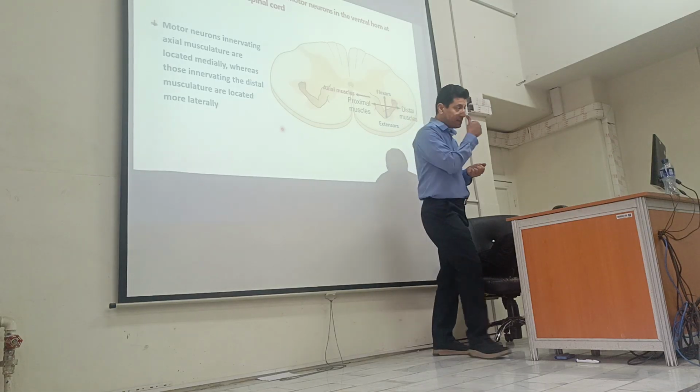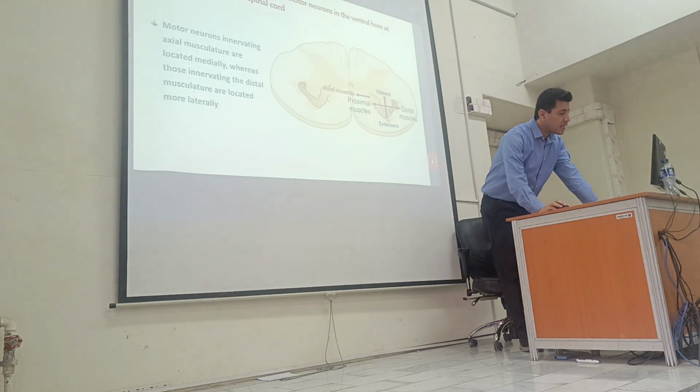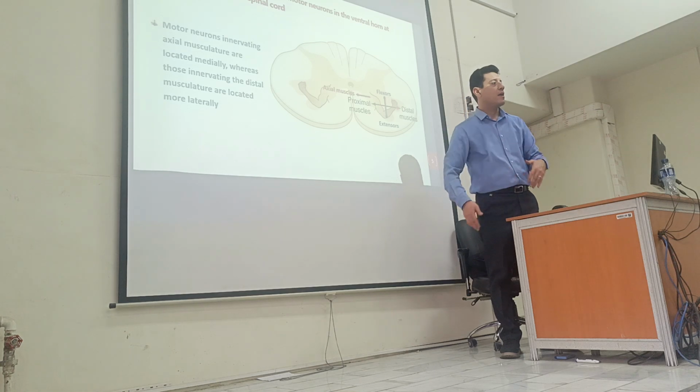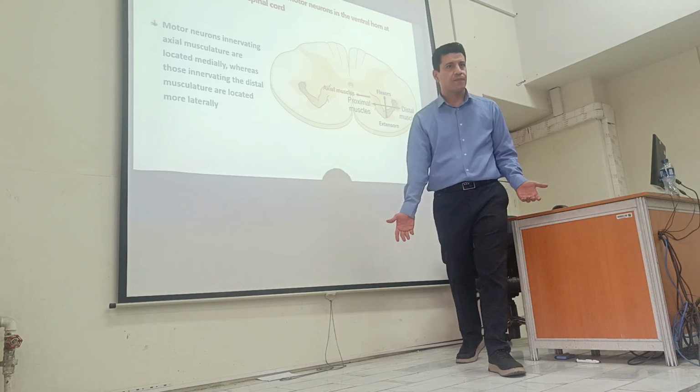So, in the ventral horn of the spinal cord, we have alpha motor neurons that innervate the muscles. Let's see the arrangement of these alpha motor neurons. Some of the neurons go to distal muscles of the arm and distal muscles of the legs, right?